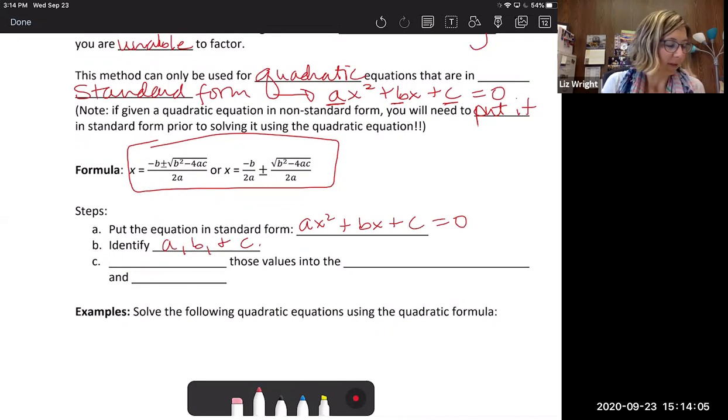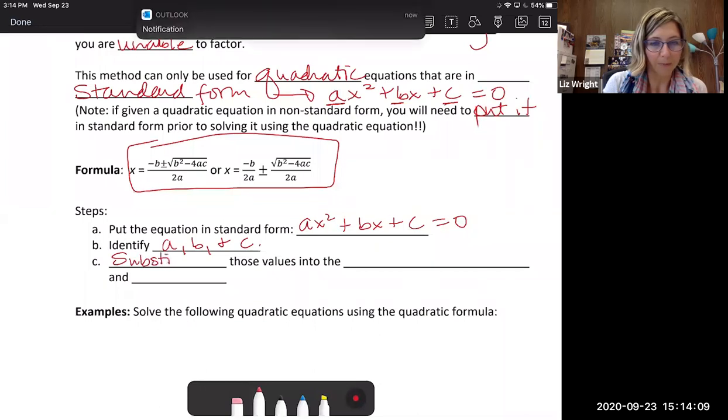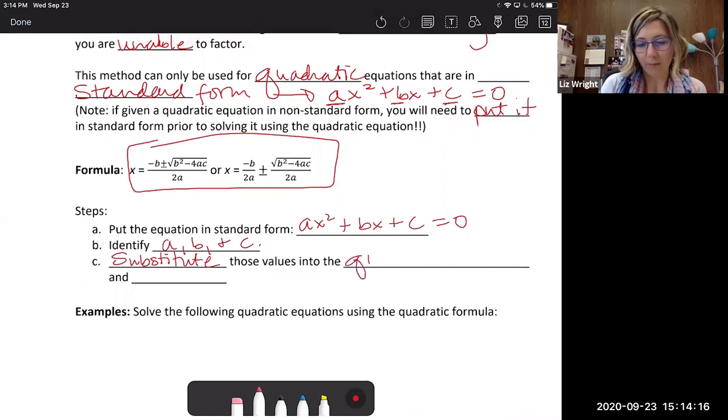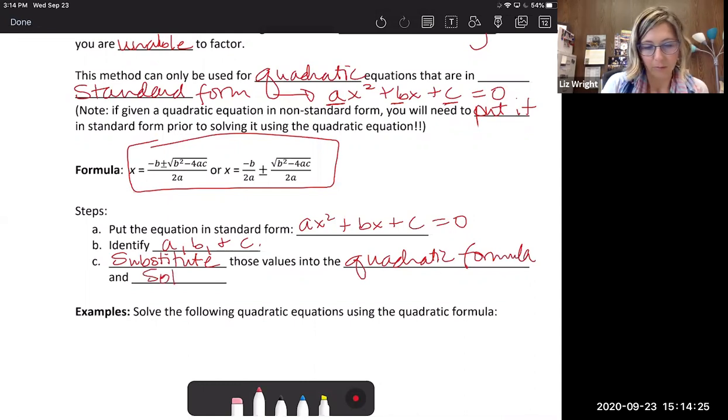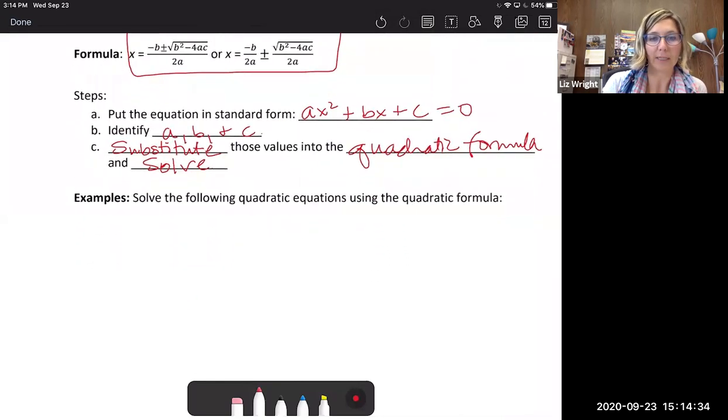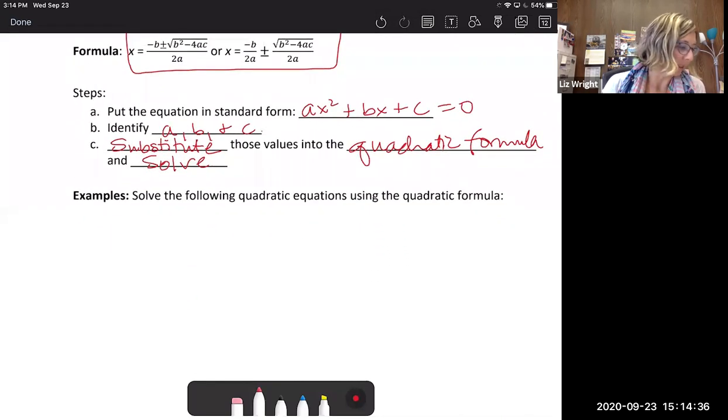Then the third step is to substitute those values into the quadratic formula, and solve. So we're solving for x. We've got negative b plus or minus the square root of b squared minus 4ac, all over 2a. That is what we're going to be using.